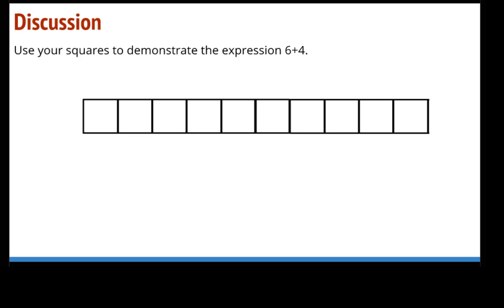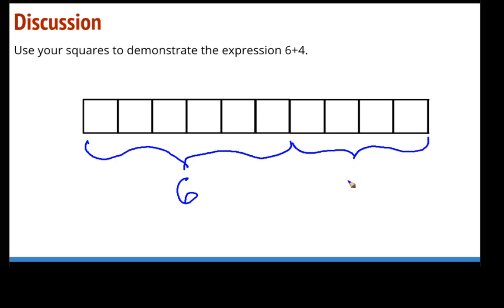Now stop and think for a moment. How would you label all this out? I like to communicate all this mathematically. So here is our 6, and here are the 4 more. So 6 plus 4.